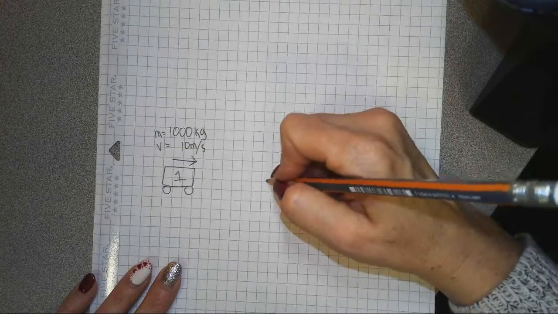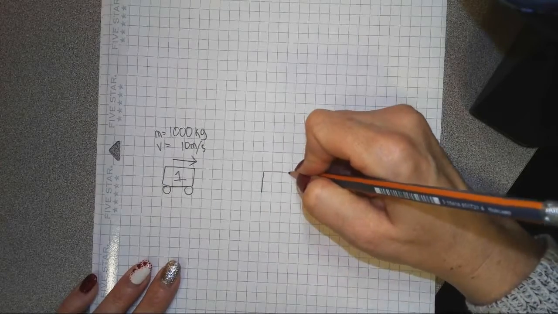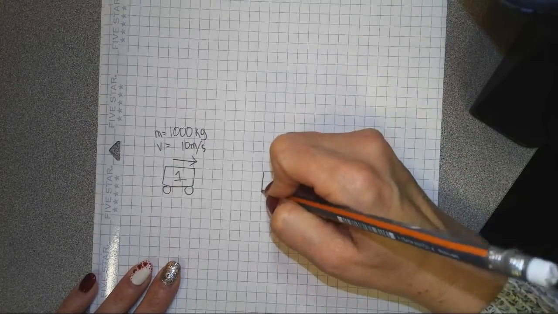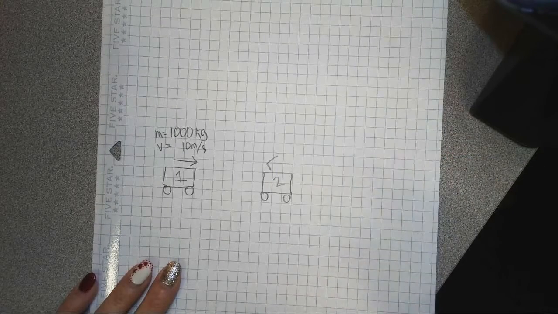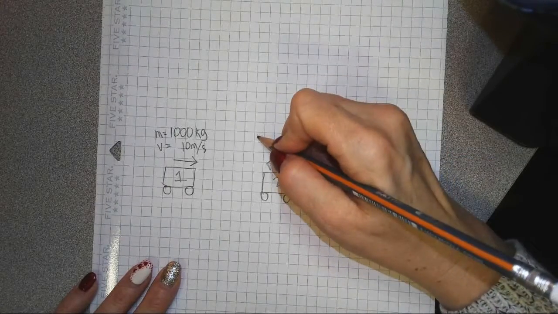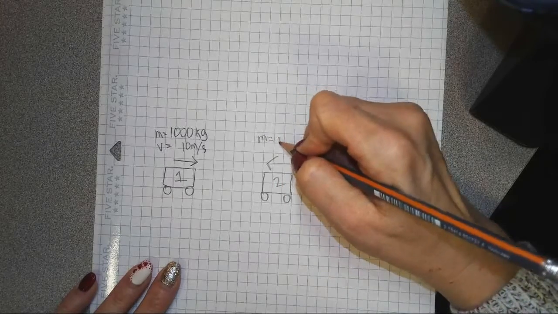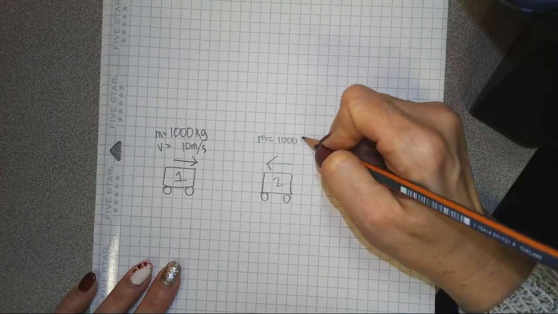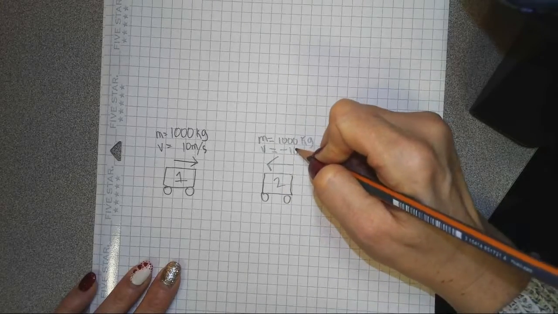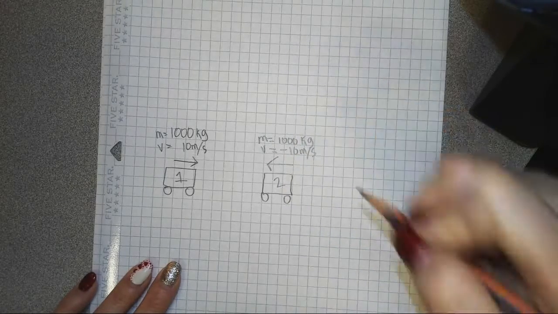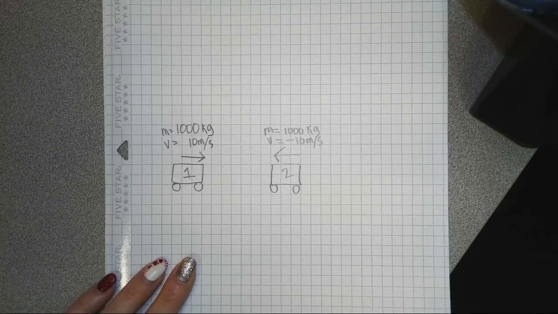But now we have car 2. It's traveling to the left. There's going to be a head-on collision here. Its mass is 1,000 kilograms, but its velocity is negative 10 meters per second because its direction is the opposite.